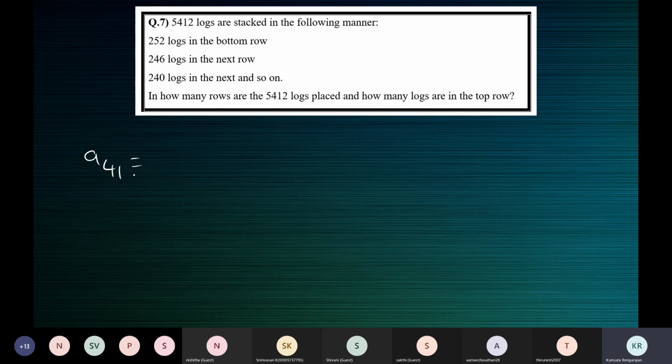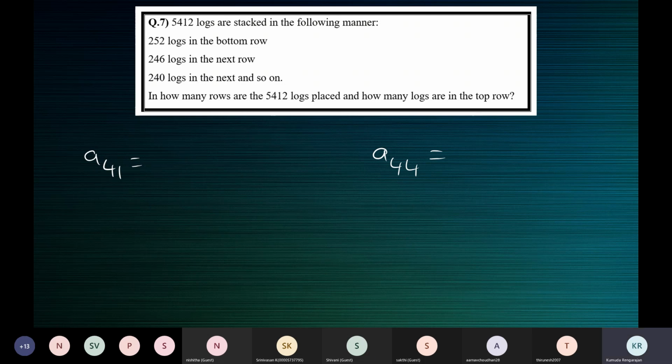That's also one of the questions, right? A41 is the number of logs in the top row if there are 41 rows. A44 is the number of logs in the top row if there are 44 rows.